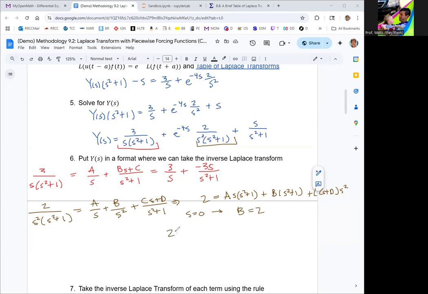Expanding out, we'd get as cubed plus as plus 2s squared plus 2. Remember, b is 2. Plus cs cubed plus ds squared. So starting with s cubed, you actually can't get it because you've got a and c.